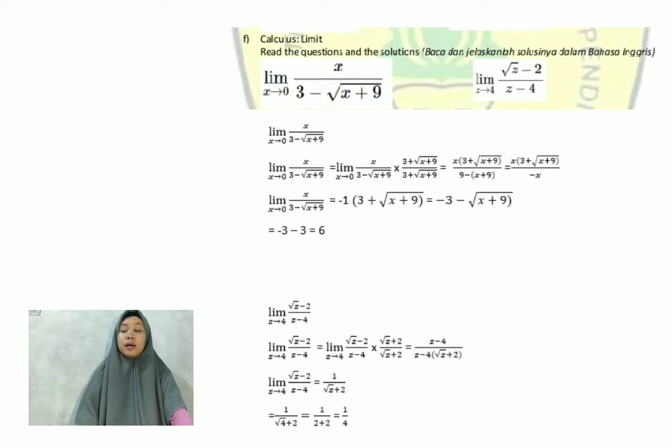We replace z with 4: 1 over the root of 4 plus 2 equals 1 over 2 plus 2 equals 1 over 4.